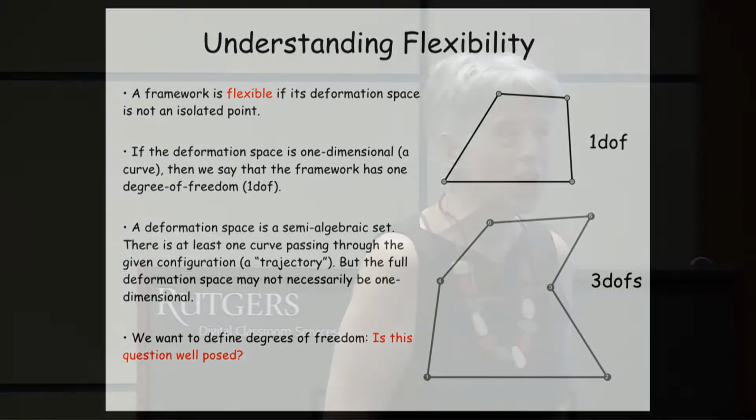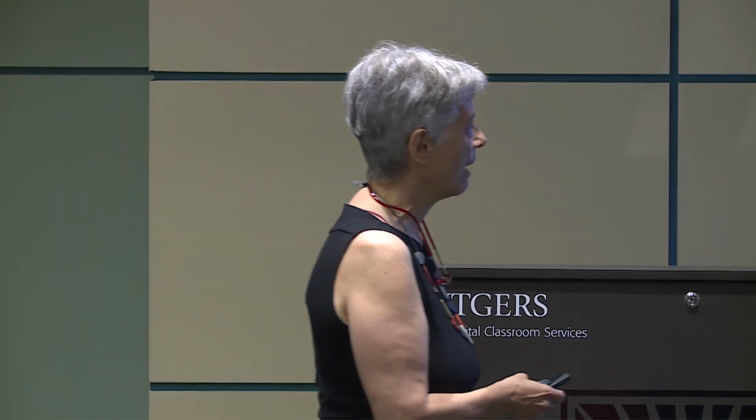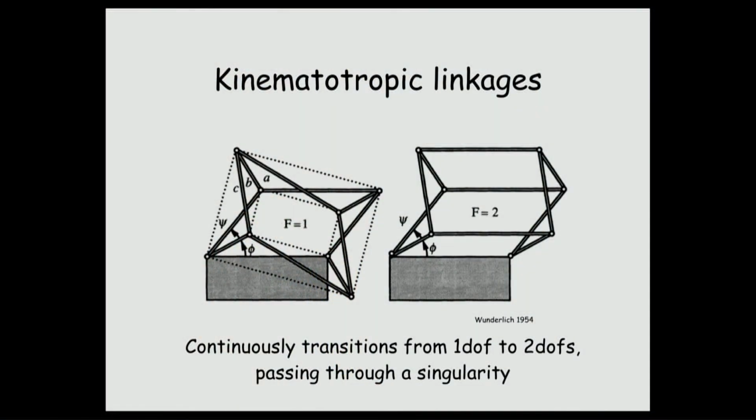And I want to alert you to the fact that in general, there's a trap here. The trap comes from the existence of something. I don't know how many people have heard about kinematotropic linkages. I was hoping that I'm bringing you something that you have not heard, because I heard about this in a mechanical engineering context. This is an example of Wunderlich from 1954.